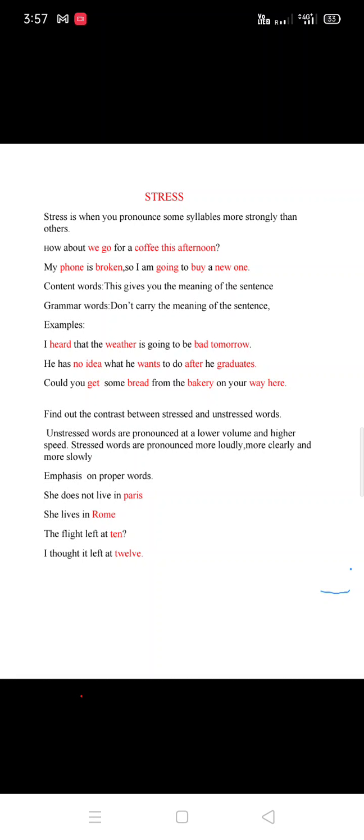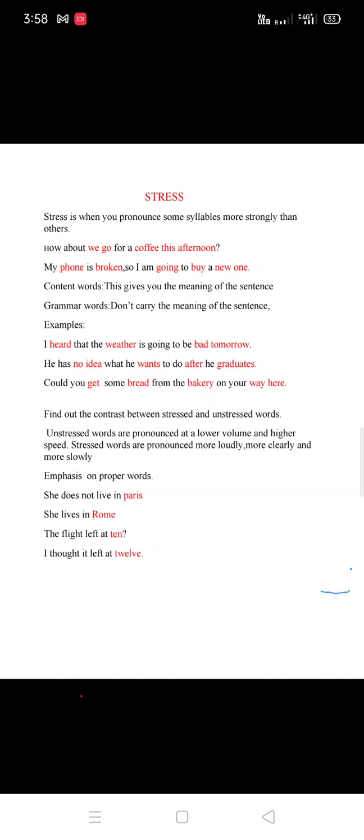It's not possible to remember all the rules and then converse. But what you can do is practice, and sentence stress is very easy. You just have to identify content words and grammar words, and put stress on content words.